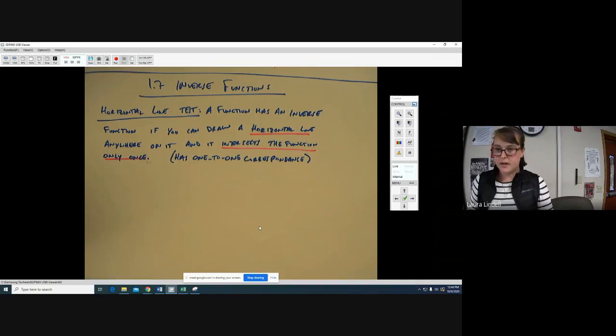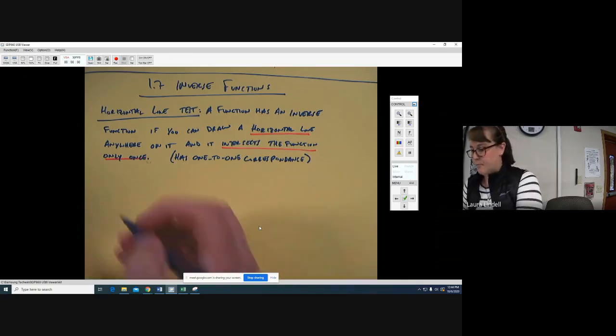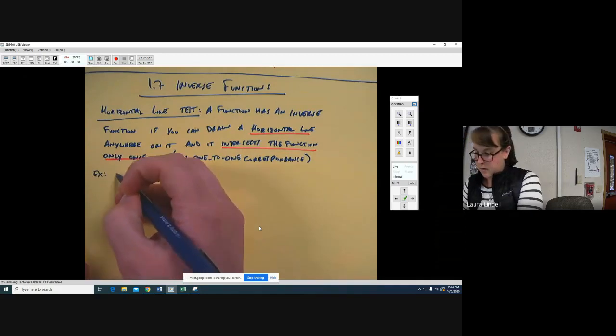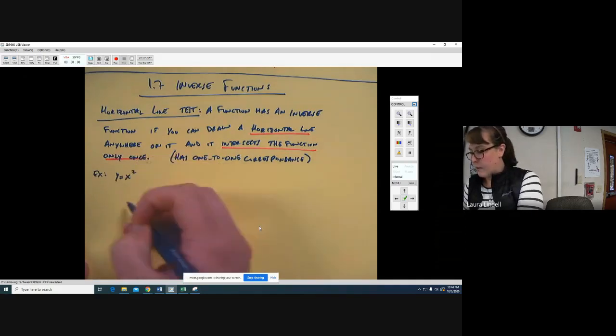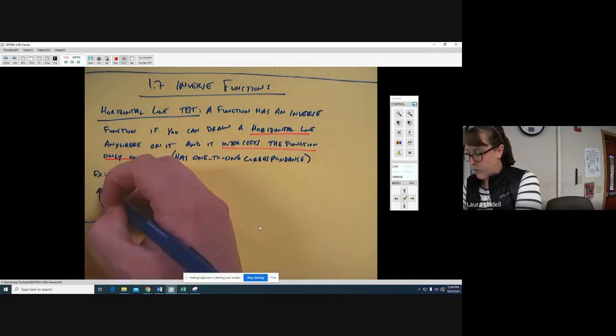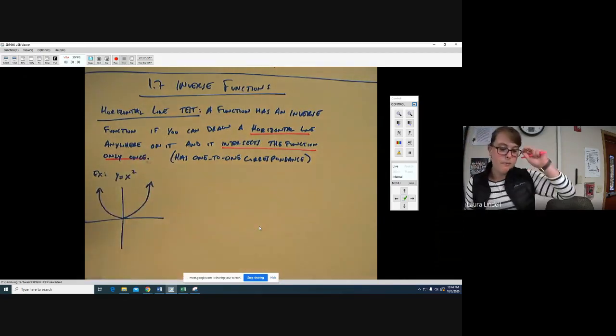Okay, so for example, if we have something like y equals x squared. What do we think? Does that thing pass the horizontal line test?